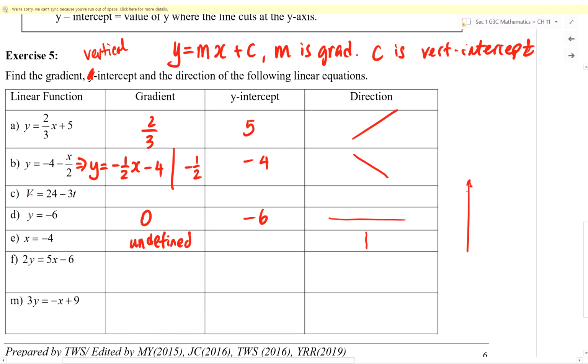Let's see the graph of x equals negative 4. So if negative 4 is over here, this is the line x equals negative 4. Is it ever going to cut the y-axis? No, it's not going to cut the y-axis. It is parallel to the y-axis. So, none, or NA. There is no y-intercept.